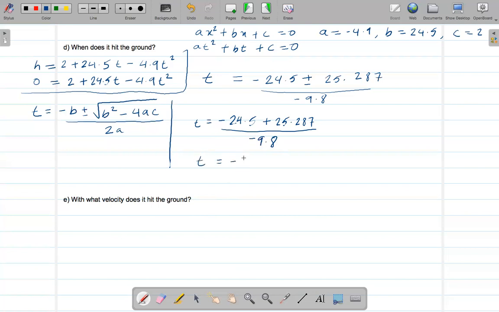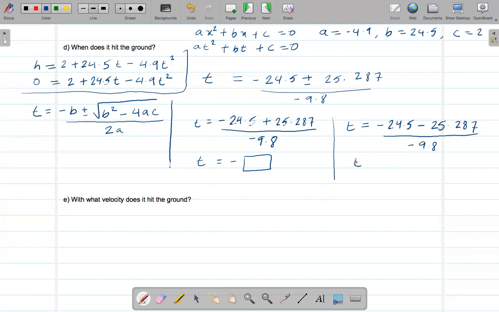And for the other one, when you take the negative, you get negative 24.5 minus 25.287 over negative 9.8.